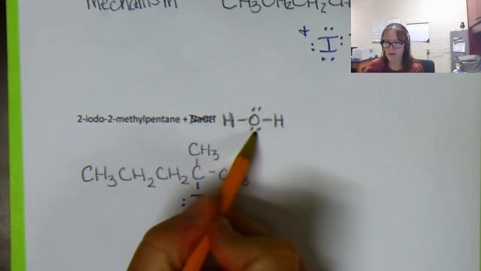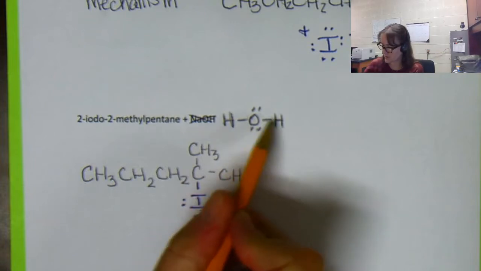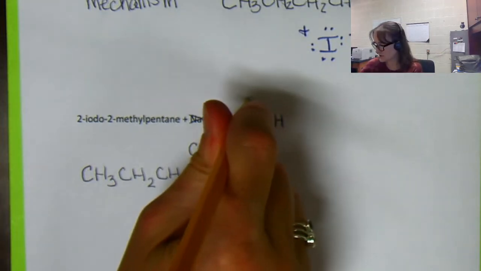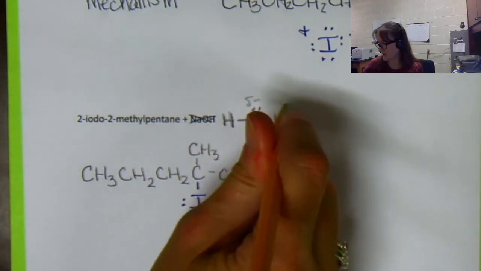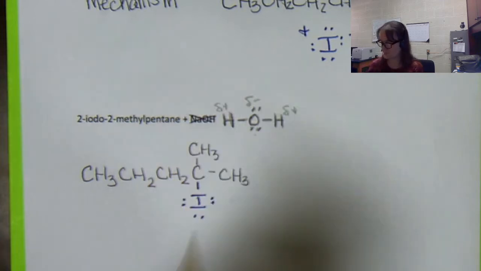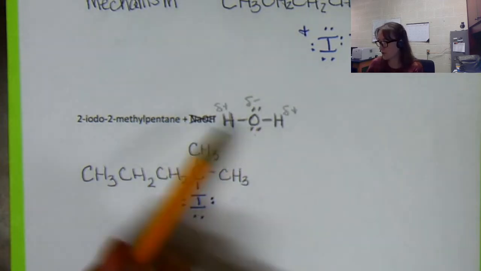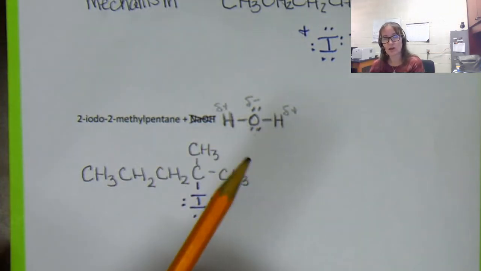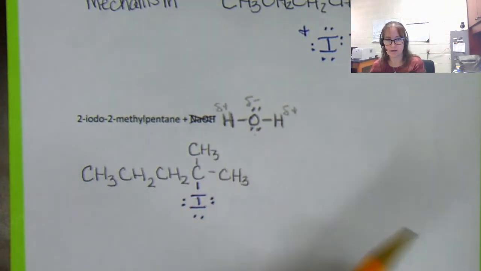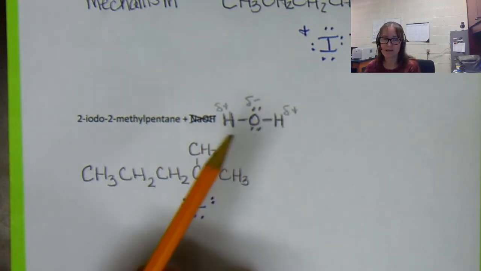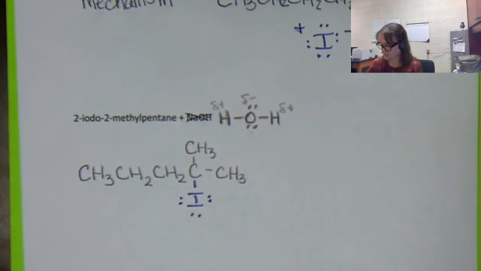So the oxygen has hydrogens on it, and it has lone pairs. And the oxygen is partially negative. Hydrogens are partially positive. Okay. So when water is the nucleophile, eventually you will get an alcohol because the oxygen will bond to the carbon. But it occurs in a slightly different set of steps.